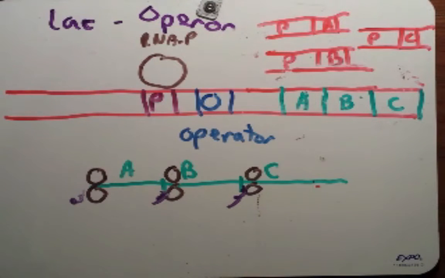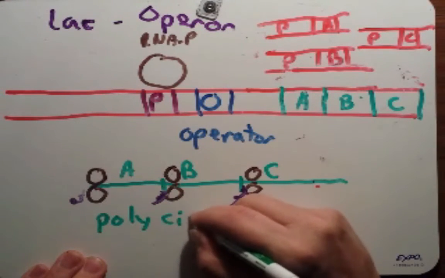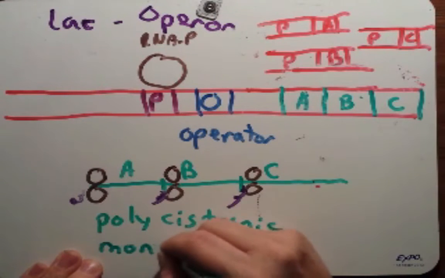So while we're here, we might as well define 2 terms, and they are polycistronic and monocistronic.